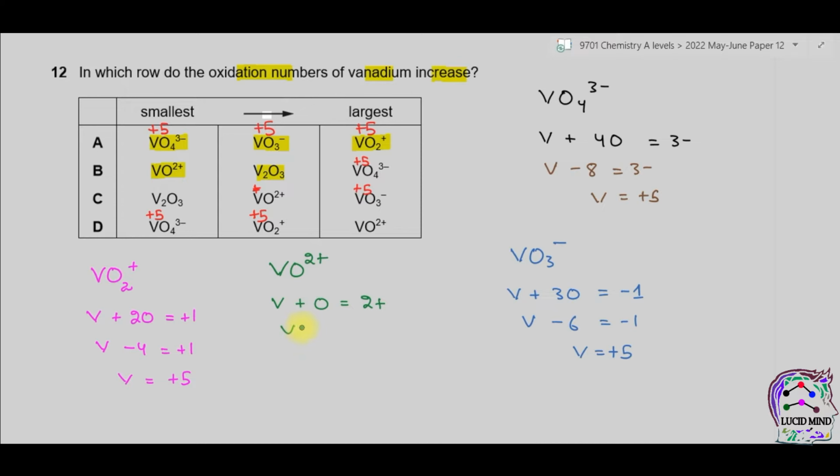So V minus 2 equals 2+, or V is equal to 4+. Now one is left, which is V2O3. So 2 vanadium, 3 oxygens, overall charge is 0. So 2 vanadium will be equal to +6, while 1 vanadium will be +3.